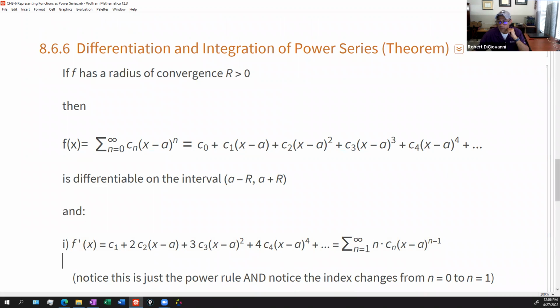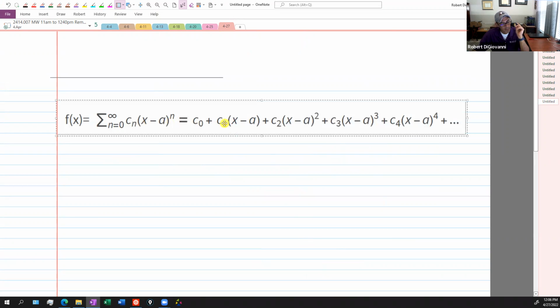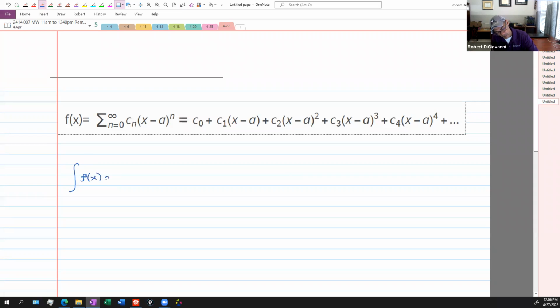All right, now, what about integration? So what if we take this and we want to integrate this? What would the antiderivative of this function be? Well, before we do anything, when you do any antiderivative, don't you have a constant?